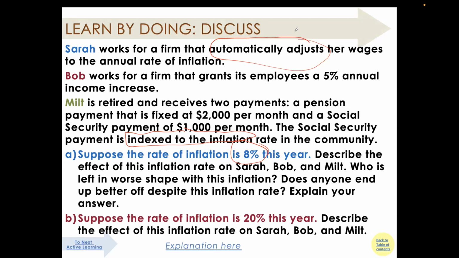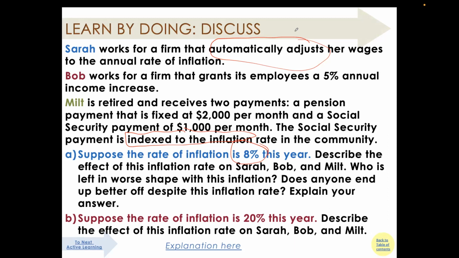Right? Now go to Milt. What does this mean to Milt? Is he going to be worse off or better off? Why? Remember, Milt has two checks. Actually, you're very close. Milt is going to be worse off. Why?